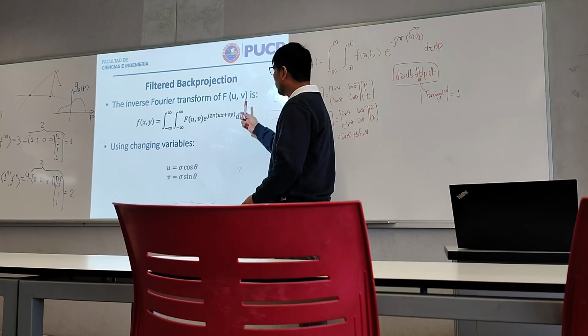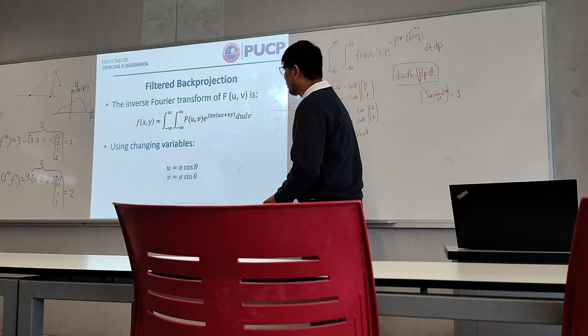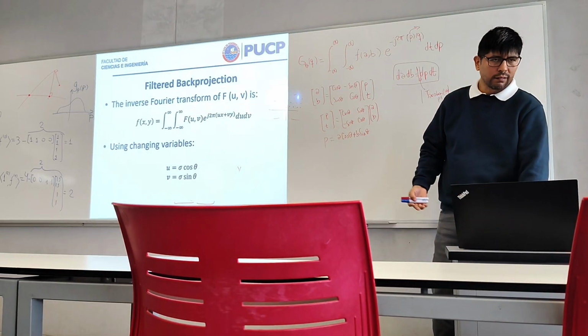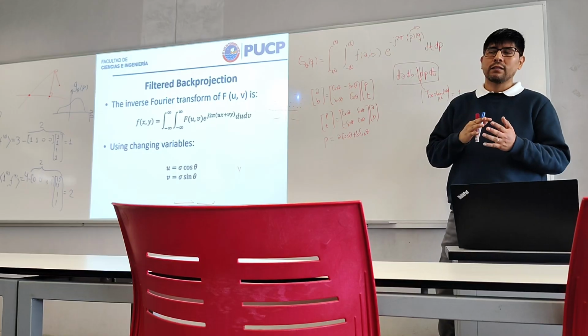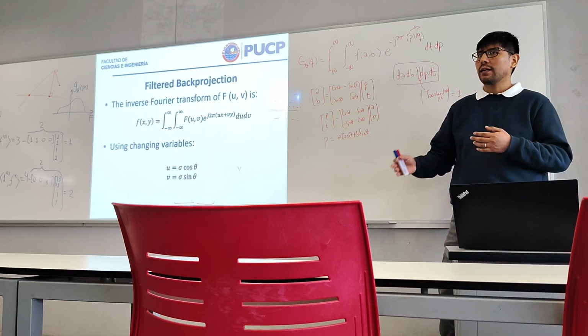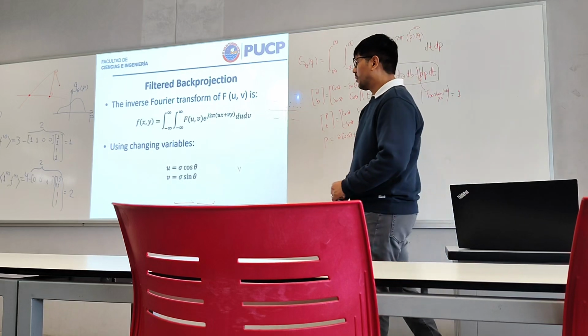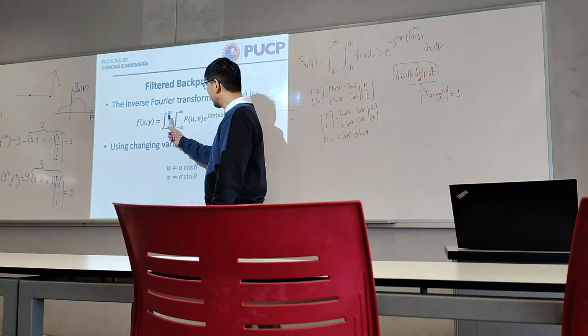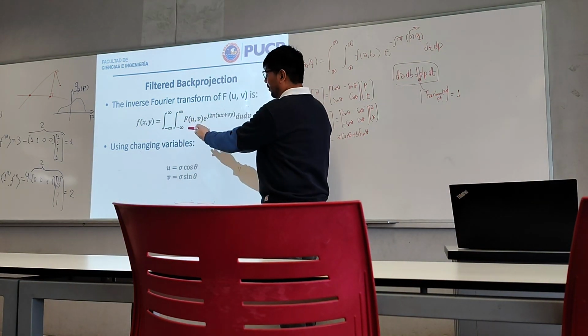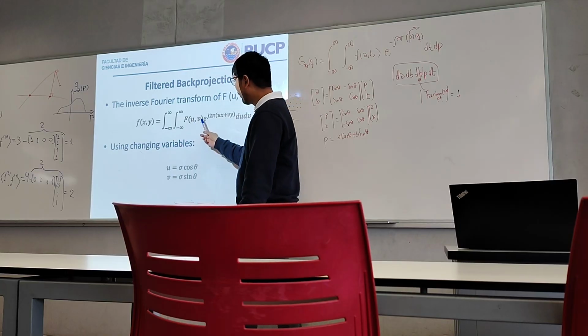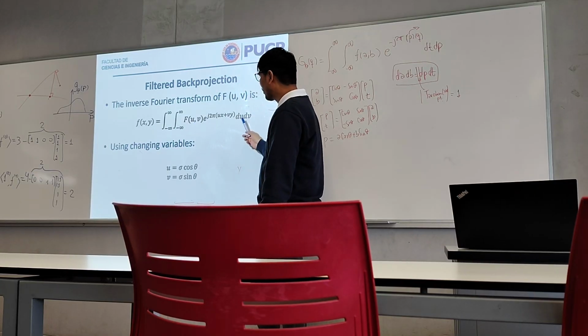Then the solution will be, after noticing this relation between the 1D Fourier transform and the 2D Fourier transform, eventually we want to obtain this. This in fact is the definition, f is F(u,v) multiplied by this.